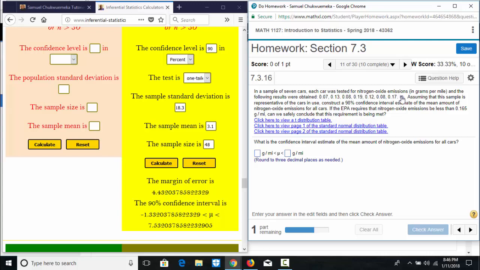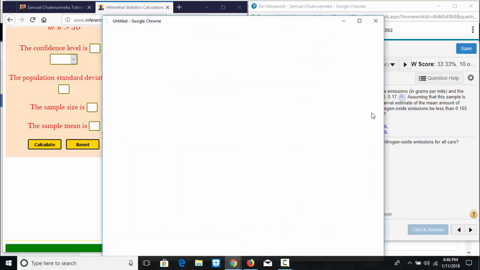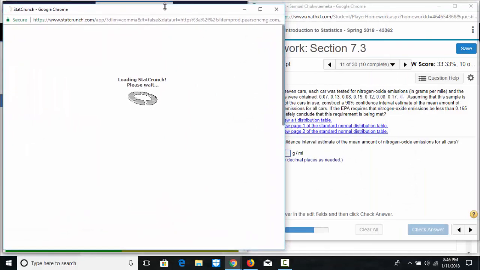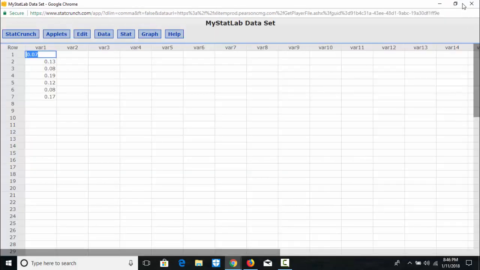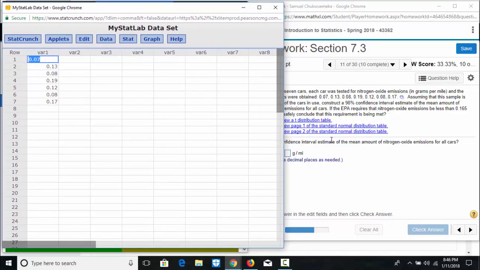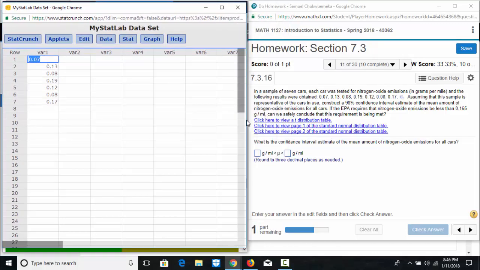So we'll click on this icon, open in StatCrunch. Opening StatCrunch.